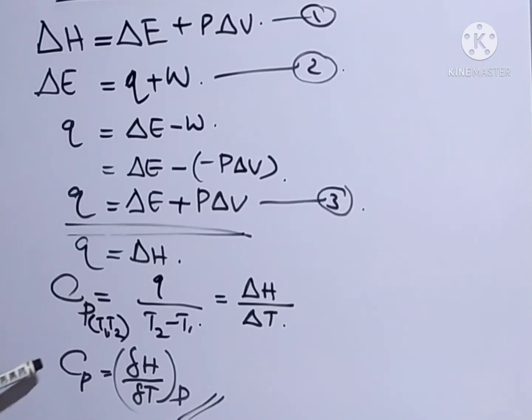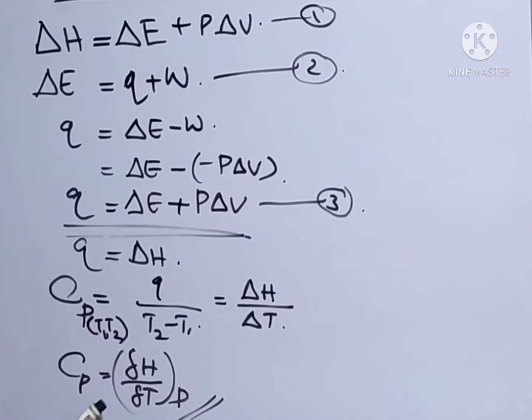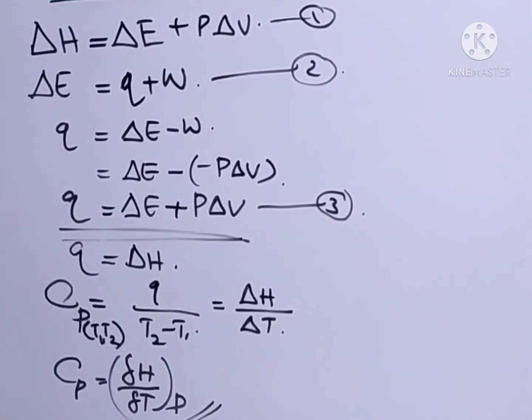So heat capacity at constant pressure equals the change in enthalpy divided by the change in temperature. For 1 mole of a substance, that is molar heat capacity, right? So molar heat capacity at constant pressure equals the change in enthalpy of a system per change in temperature.